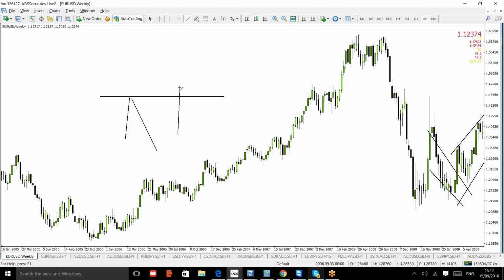The price breaks this level, comes back, guys. So it's a breach. It hasn't broken this level. It attempted to reach this level, failed and reversed. There was a break. It failed and reversed. You understand this?